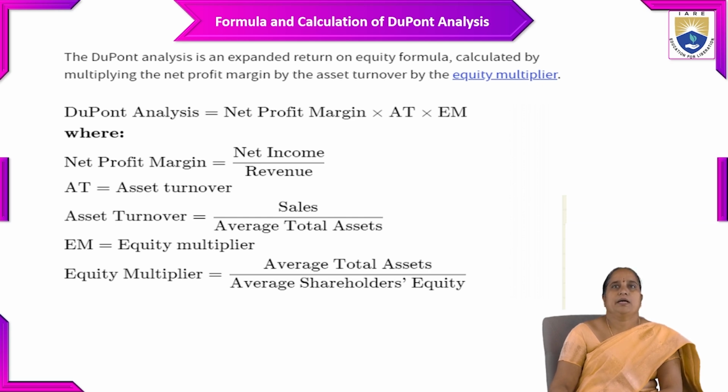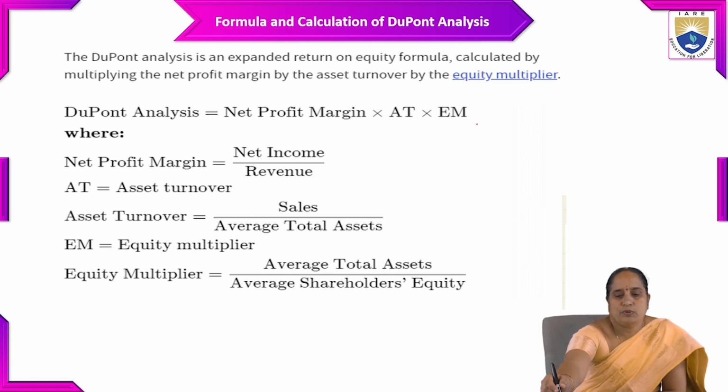Coming to the formula and calculation of DuPont analysis, it is an expanded return on equity formula calculated by multiplying the net profit margin by the asset turnover by the equity multiplier.